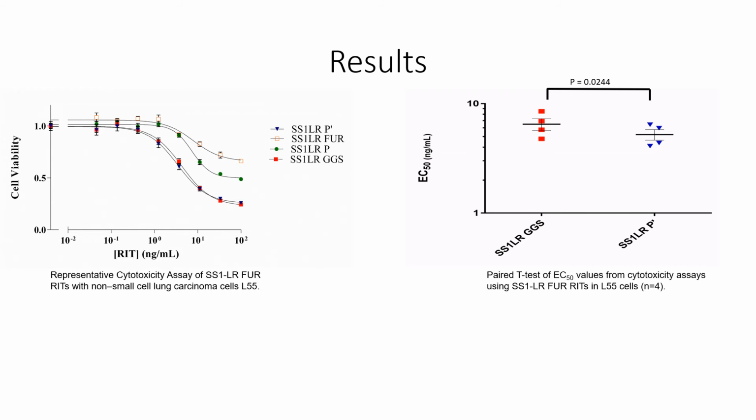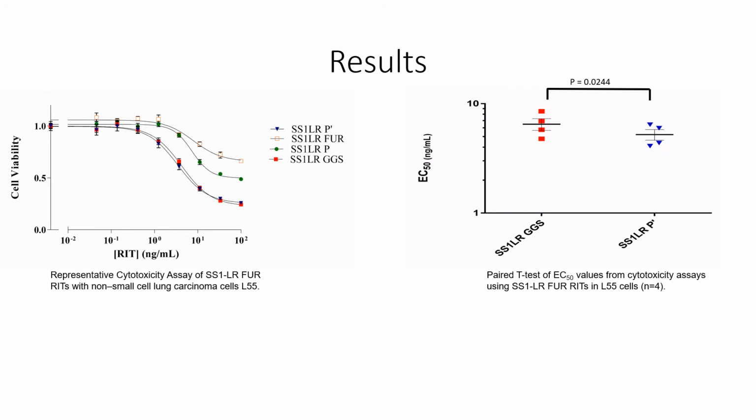You can see that the SS1-LR Furin mutations and the SS1-LR P mutations, which are the N-terminal mutations, had decreased cytotoxicity compared to the wild-type SS1-LR-GGS, and the SS1-LR P' mutations, which is the C-terminal mutations, performed similar to the wild-type.